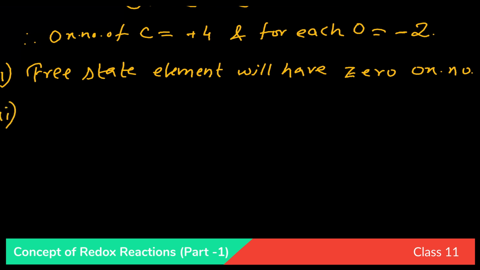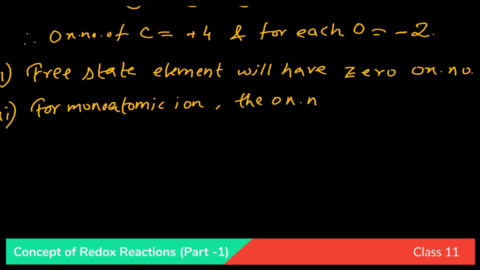The second one is, for a monoatomic ion in an ionic compound, the oxidation number will be equal to its charge. Let's take an example to understand this.